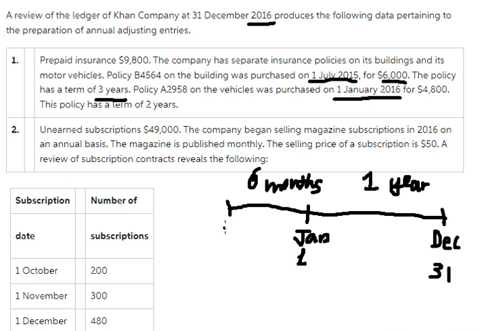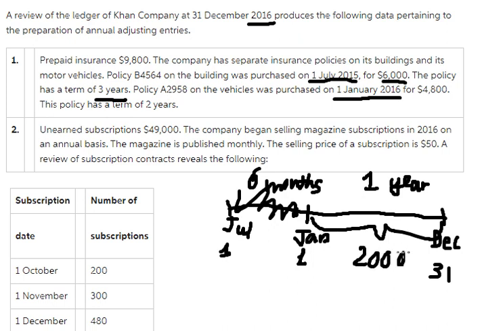This is July 1st. So we just use 6,000 divided by 3. We don't need to care about this one because we want to find 1 year in here. So 6,000 divided by 3, and we have 2,000.